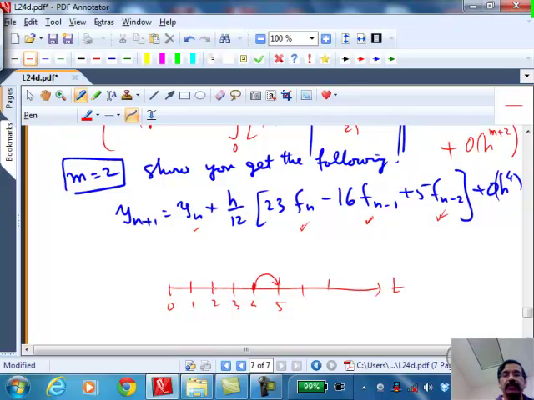If you have these three values, then you can predict y5 with very good accuracy, of order h to the power 4. Once you have y5, you can then predict y6, using the previous three values. That's why it gets the name multi-step. Every time you take one step ahead, you're using values from the previous steps. And the formula is here.